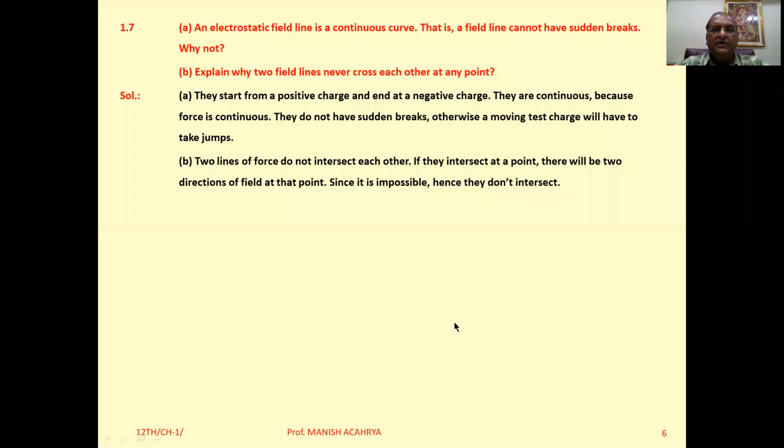Now example 1.7. An electrostatic field line is a continuous curve. That is, a field line cannot have sudden breaks. Why not? See, field lines always start from a positive charge and end at a negative charge. Actually, a field line suggests this: when a charge is allowed to move, it will experience a force in such a way that its path will be along this field line.